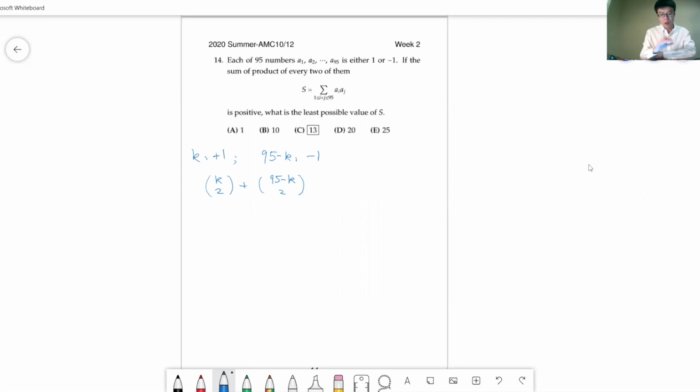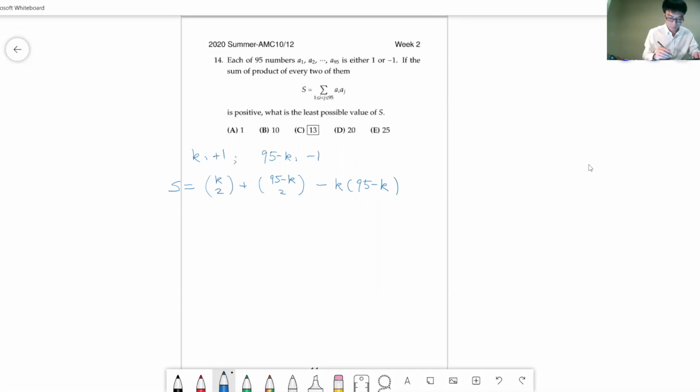So these two parts contribute positive ones. And for minus 1, that means 1 positive 1, 1 minus 1. So there are totally k times 95 minus k such minus 1s. And so this is the value of S.